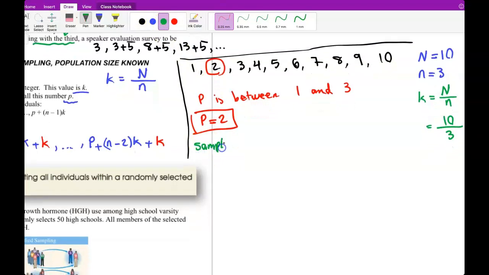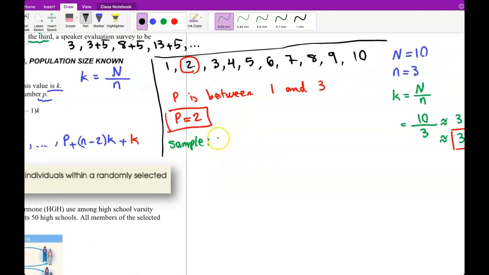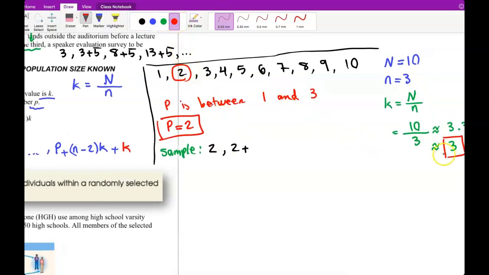So this is our sample. Starting point is 2. Then after that, 2 plus K, which is 3, is 5. Then 5 plus K, which is 3, is 8. Our sample size is 3, so we're going to stop here because we only need 3. Our sample is 2, 5, 8.